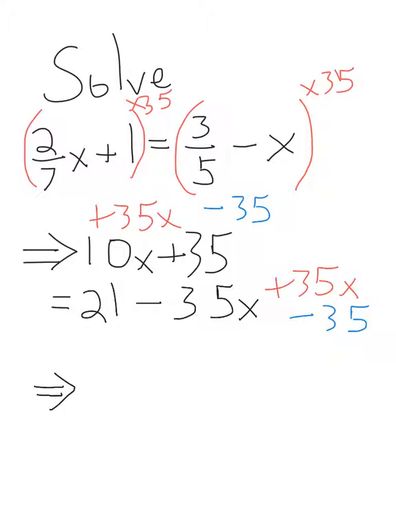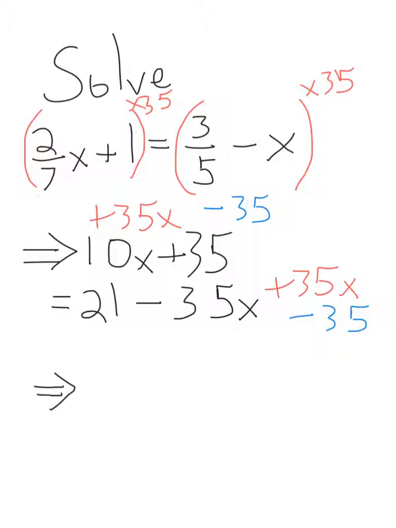In this way, all of our variables will be on the left-hand side of the equals, and our constants will be on the right-hand side. So let's clean this up. Let's do our additions and subtractions.